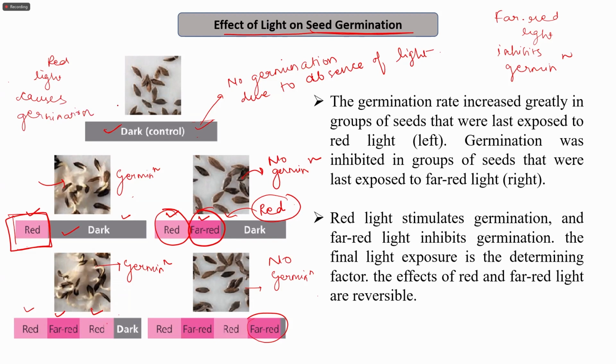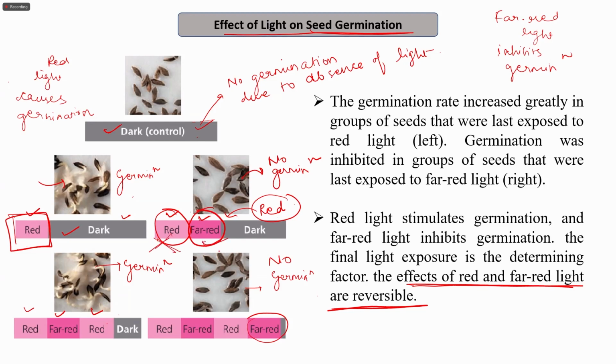Also, what we can see is that the effects of red and far red light are reversible. How can we say this? Because when the plants which are exposed to red light are then exposed to far red light, the effect of the red light is nullified by the far red light.